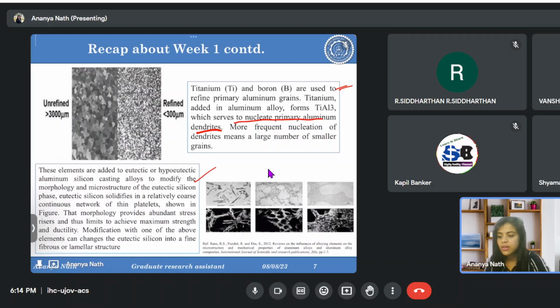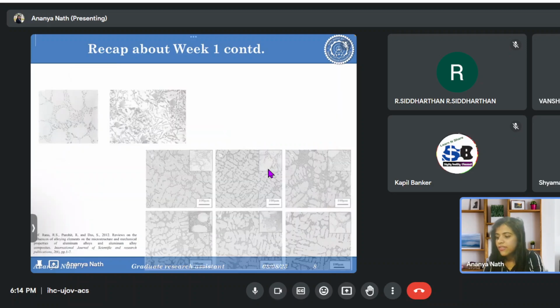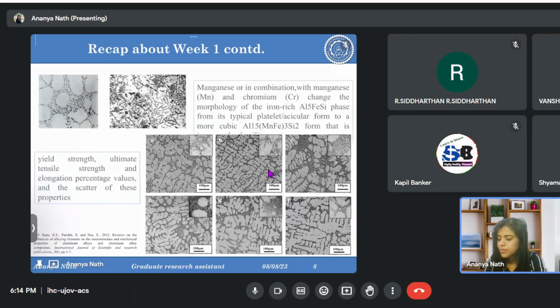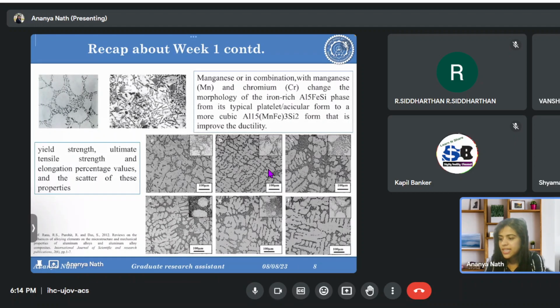Similarly, here also you can see similar things. Manganese and a combination of chromium and manganese were mixed, and the results showed some difference in the microstructure.